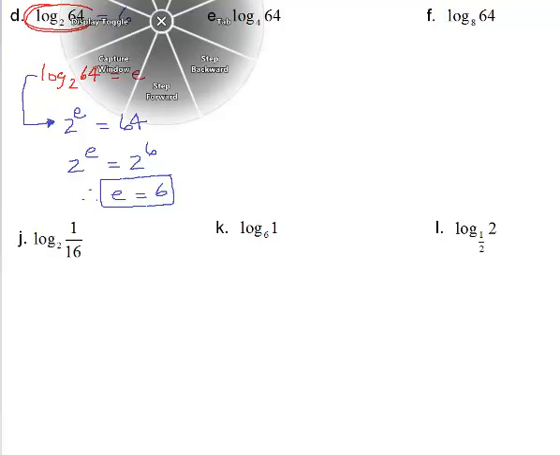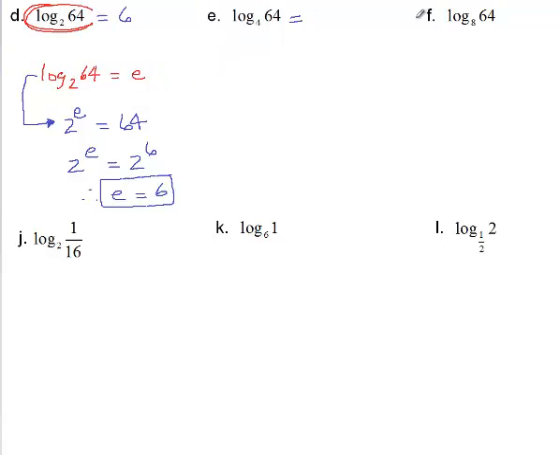Now the very next one is asking you log base 4 of 64, or log 64 base 4. So what is the value of the exponent? In other words, 4 raised to what power is equal to 64?